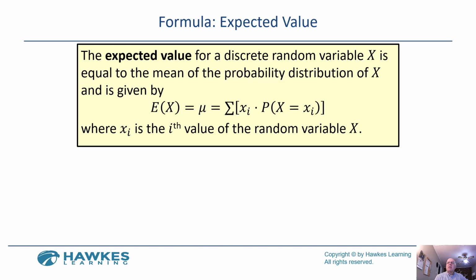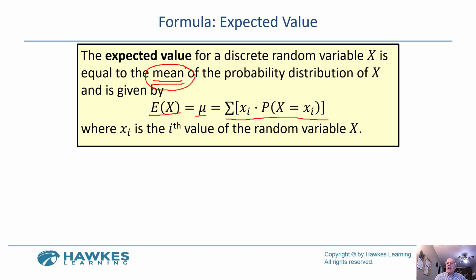Next, we have something called an expected value, and that is very simply the mean of the probability distribution. This also means that if you want to find the expected value, you can use your mean function in the calculator, because the expected value and the mean are calculated exactly the same way.